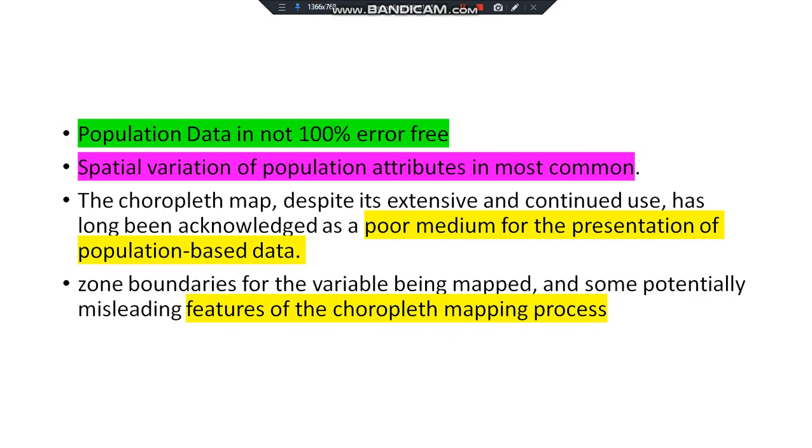In most cases population data is collected from a primary source, and this data is not 100% error free. The second thing is very vital: spatial variation of population attributes is very common.